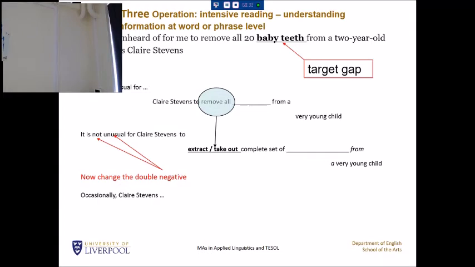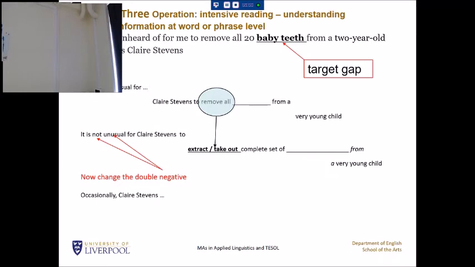Not grammatical. Are we talking here about the current situation, the future, or the experience of Claire Stevens up to now? Experience up to now, which is past to present. Past to present causes us to use which tense? Present perfect. Okay, so occasionally Claire Stevens has taken out.